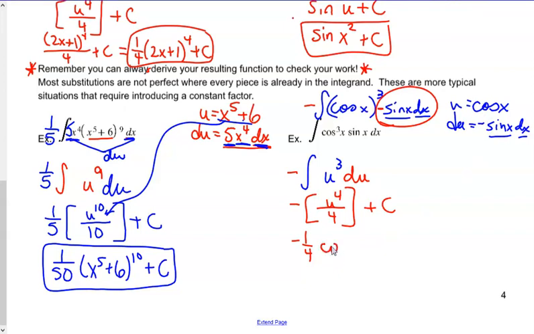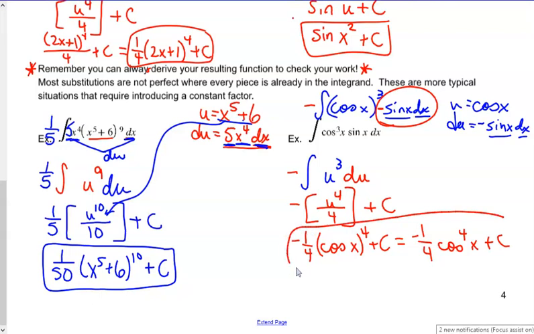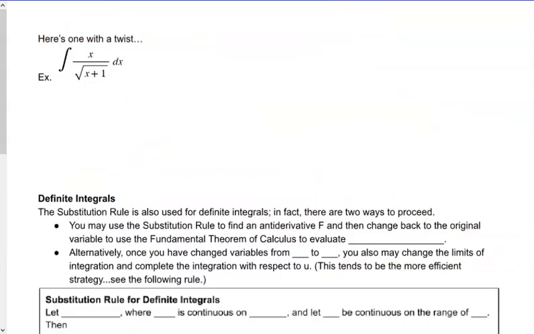So you can write it as cosine of x to the 4th power plus c. Or you could bring that power on the inside. So negative 1/4 cosine to the 4th of x plus c would also be an acceptable answer for this problem. Again, if you're looking for multiple choice answers on MyLab Math, then you have to decide which one works with which one. Okay? All right, very good.